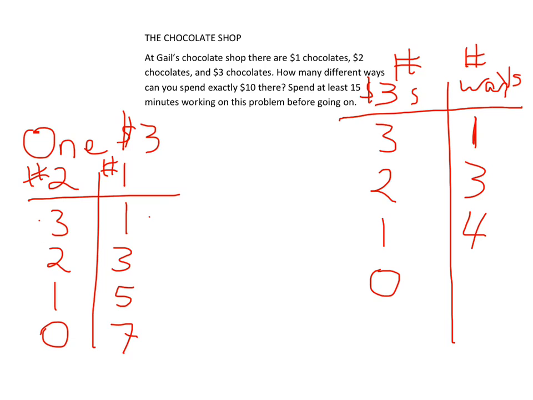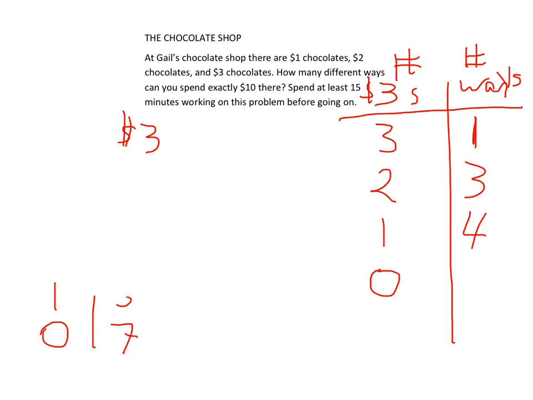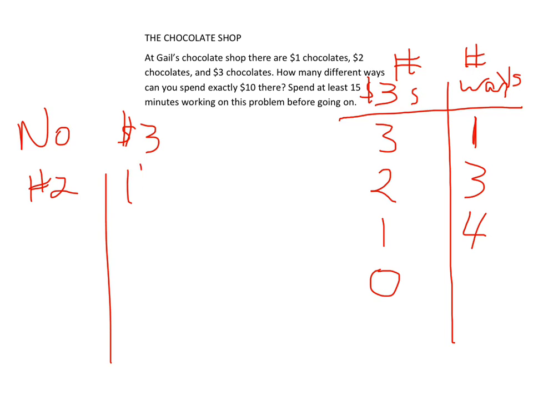And finally, what if we have no 3s? Again, number of 2s, number of 1s.